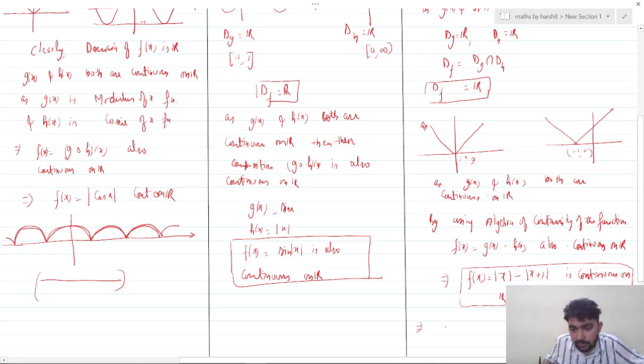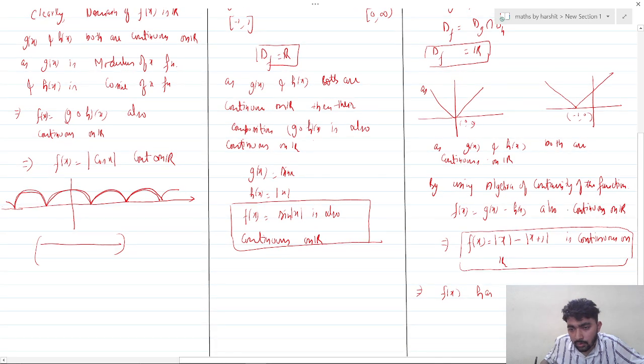It implies f of x has no point of discontinuity, or f of x has 0 points of discontinuity, as f of x is nowhere discontinuous.